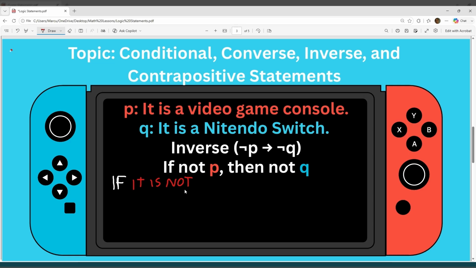So instead we write, if it is not a video game console. Make sure you write that down. Video game console. Switching colors.